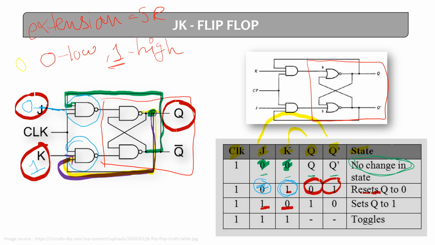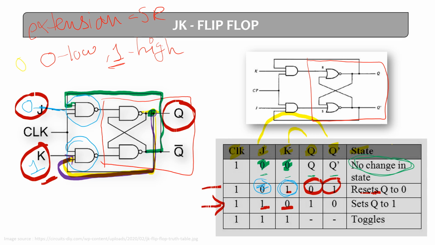So the output of the lower AND gate is low. In this case we can say that this is my 0, that is my K. So it is 0, and because it is 0, it gives the low output, and therefore again it is not possible to reset the flip-flop.